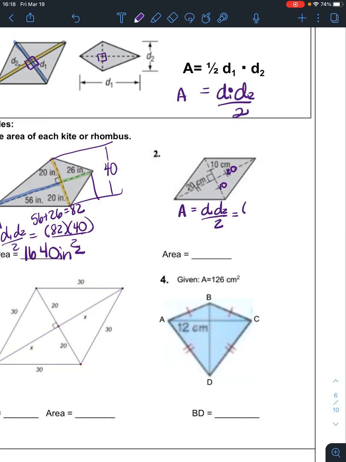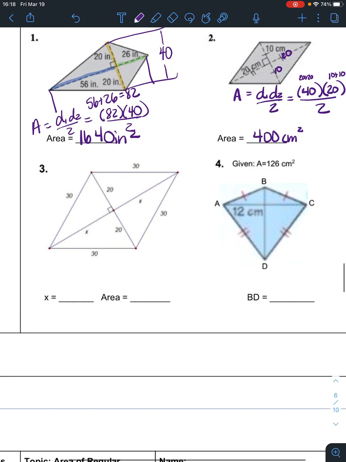So my area would be diagonal 1, which would be 20 plus 20, times diagonal 2, which would be 10 plus 10, over 2. So 40 times 20 divided by 2 is 400, and it would be centimeters squared.